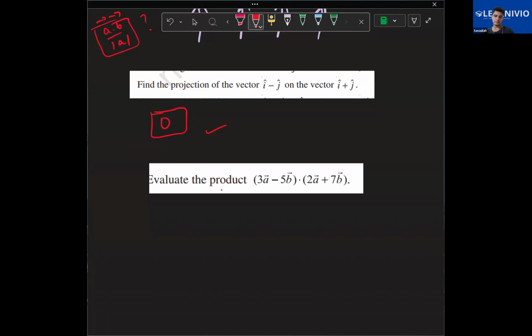Done, sir. So what's the answer? 6 modulus a vector square plus 11 a vector b vector minus 35 b vector square. Six a vector square.